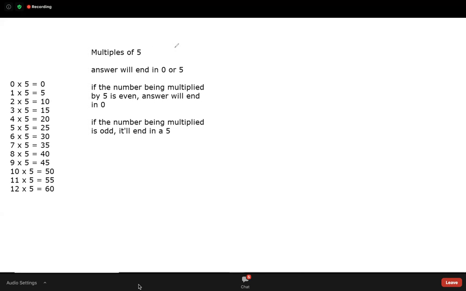And I want to just start doing some practice problems. I think, yeah, these should be pretty easy. So let's try 14 times 5. So note that 14 is an even number. So make the decision, will I have to end in a 0 or a 5 if 14 is an even number? Go ahead and give that a shot.